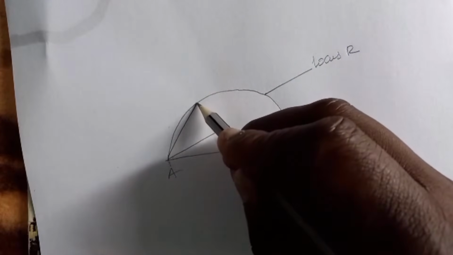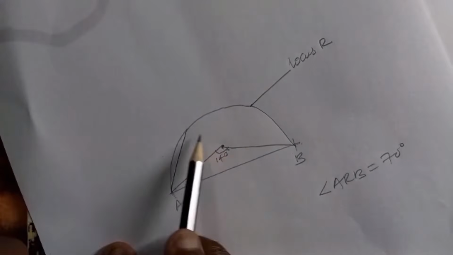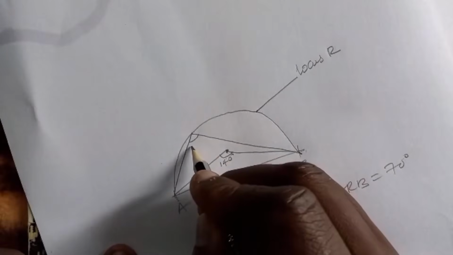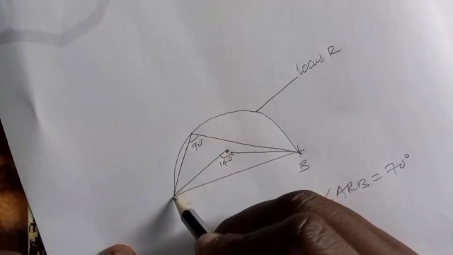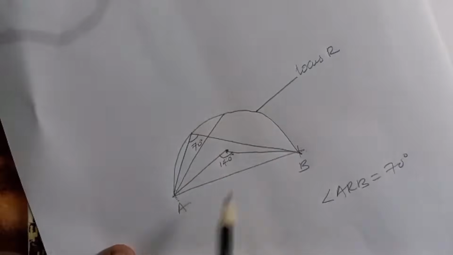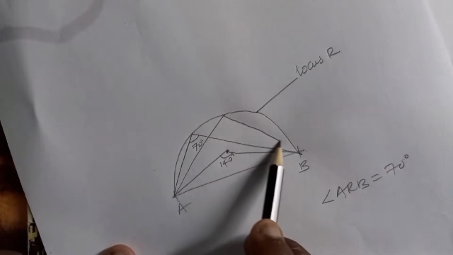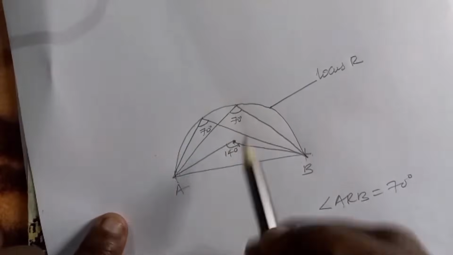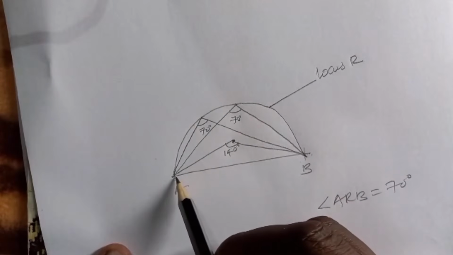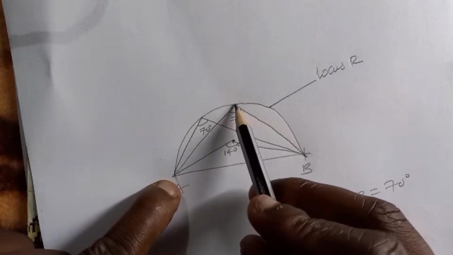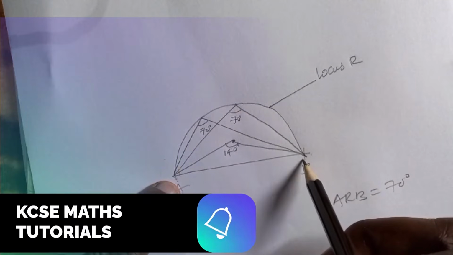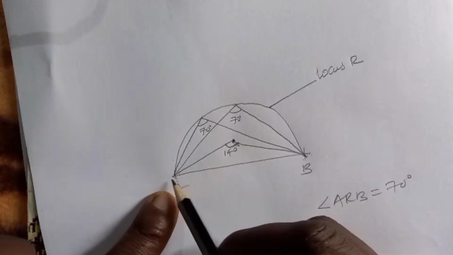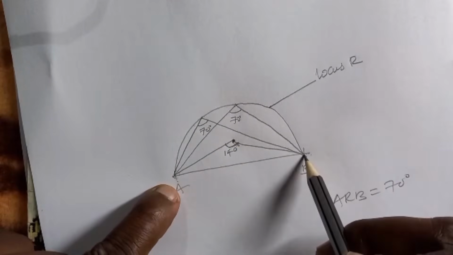This is what I mean. Any angle that I make here will be 70. Any angle that you make from A to the circumference to B, that angle is half the angle subtended at the center by this chord AB.